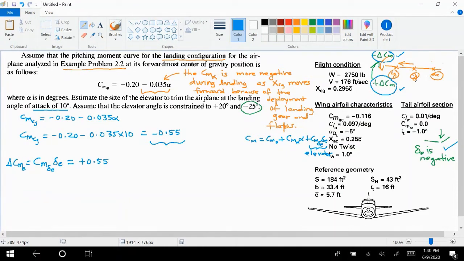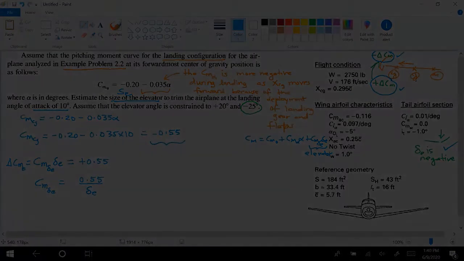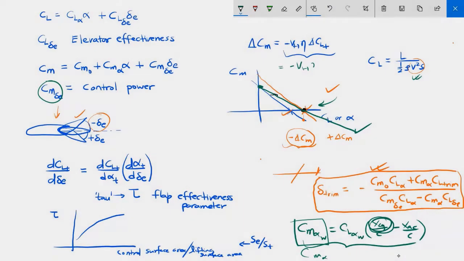And then we can solve for Cm delta E. This will be equal to 0.55 divided by delta E, to solve for the size of the elevator. So let's see where that arises. Minus VH eta, now this delta CLT can be written as dCLT d delta E times delta E, and we have the equation for this here.